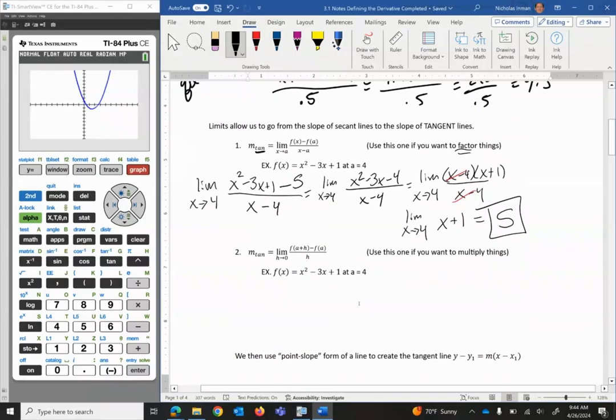All right, the other version of this, we'll do it a similar way, but very different. Same answer, but very different. So this one, we're doing the limit as h approaches 0. We do f of a plus h. So that means wherever I see an x, I have to put a, which is 4, plus h.